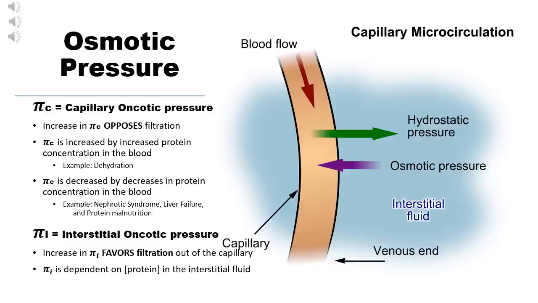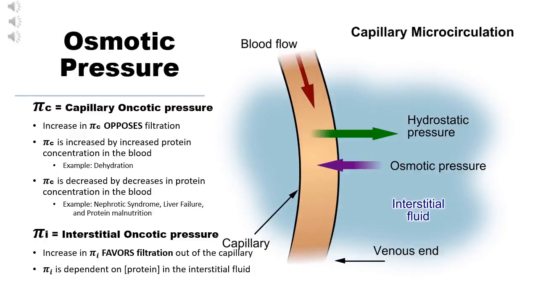So interstitial oncotic pressure is going to favor filtration out of the capillary. If we have an increase in interstitial oncotic pressure, we are going to have increased filtration out of the capillary. Interstitial oncotic pressure is going to be dependent on the protein concentration in the interstitial fluid.